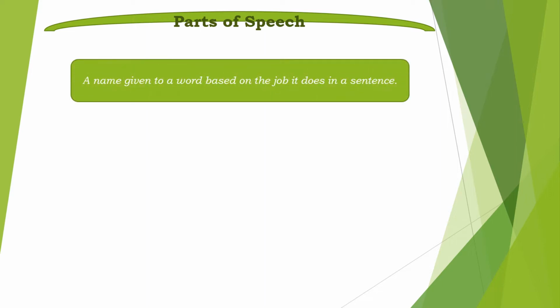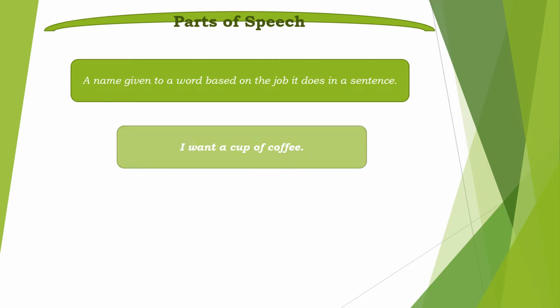This is the definition of parts of speech, and I hope you all remember this definition from part 1 video. So parts of speech is a name given to a word based on the job it does in a sentence. Let's have a look at this sentence. I want a cup of coffee.